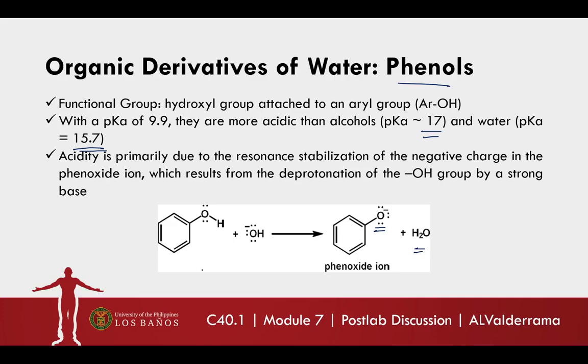And your phenoxide ion results from the deprotonation of the OH group by a strong base. Okay, so this is a strong base. So what are your strong base? So these are learned from your basic or Chem 18. So these are your NaOH, KOH, LiOH, calcium hydroxide. So these are your strong bases.